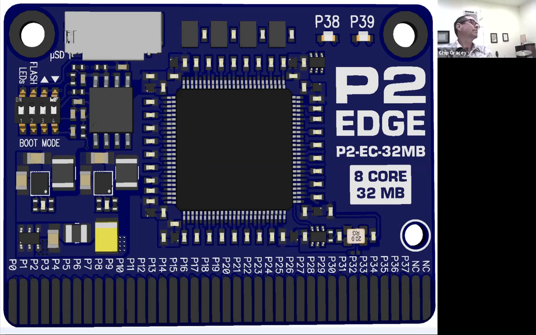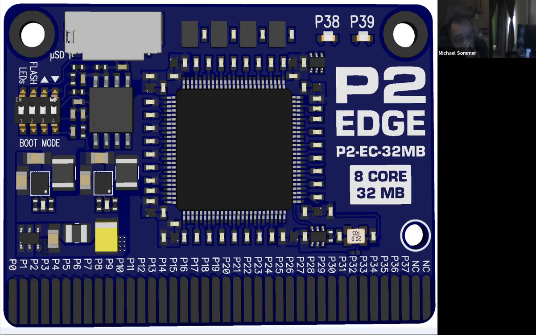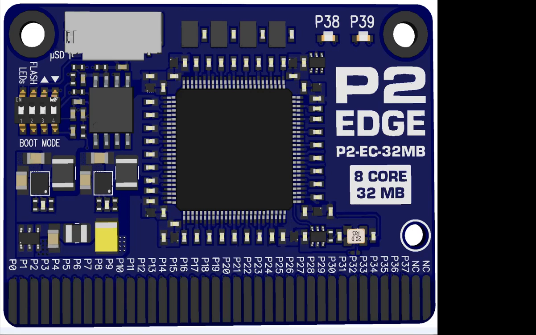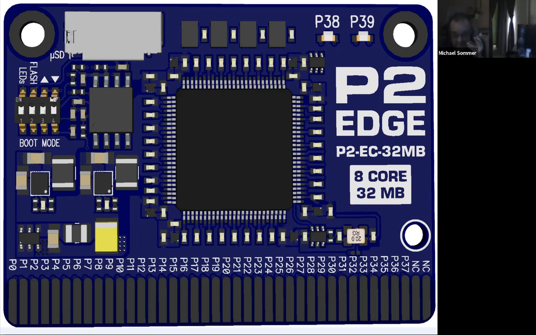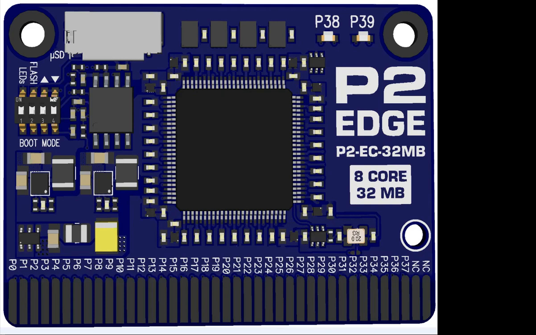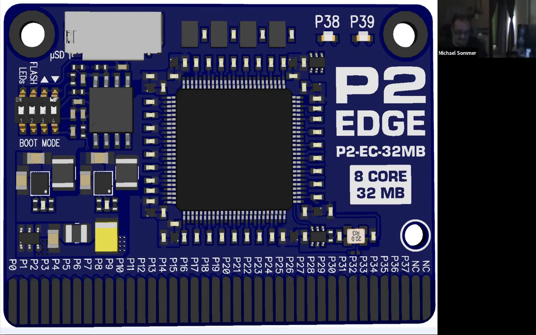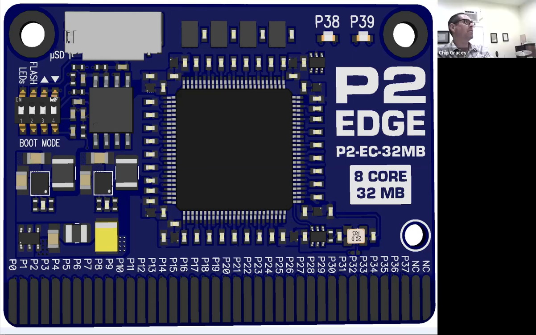Okay, I like that one. They're really handy for booting from SD. You just plug it right into the card. It's handy even if it's not on the card, but you don't have to add one to your board. It's just right on the edge card. And it's going to stick out the top by a bit, but that makes it easy to get to.